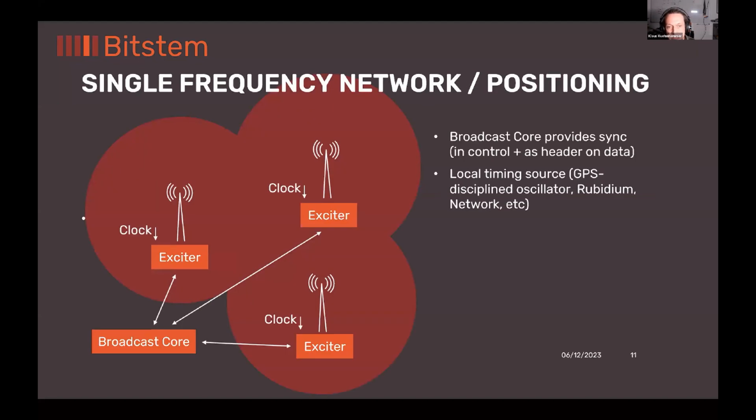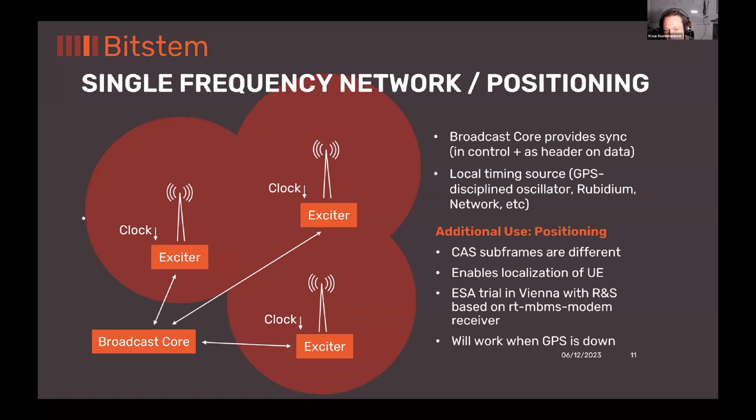Okay, you all know what a single frequency network is. I'm not going to explain that either, but it also opens up an interesting use case that's also kind of on the roadmap for me for the RT-MBMS modem for next year. Because since you have three different exciters or transmitters here, they all use different cell acquisition subframes. So you can use these and also special reference signals to enable localization of your UE, so you triangulate between those signals and you measure the distances.